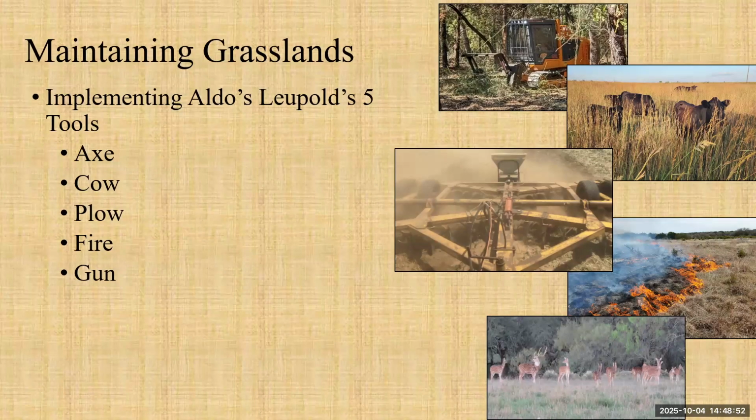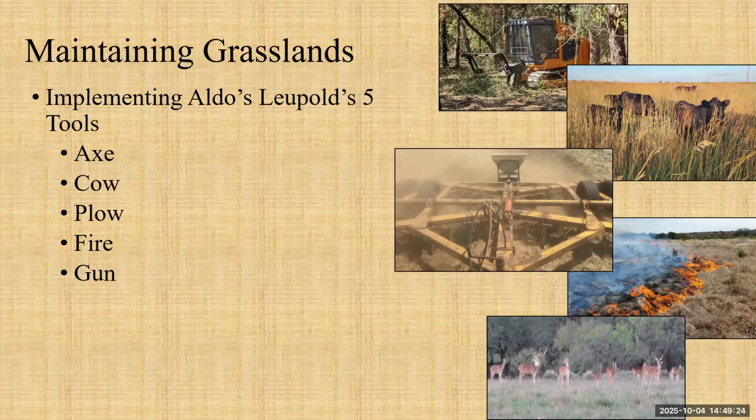If we have a grassland that's becoming a little too rich in grasses and we want to improve diversity, we can use the cow. If we want to start over, say we're in South Texas where we have brushland, we can use the plow through root plowing to get rid of all the woodies to completely start over and get it back to a savanna. In most situations, you can use fire to get it from a woodland or a shrubland back to savanna.